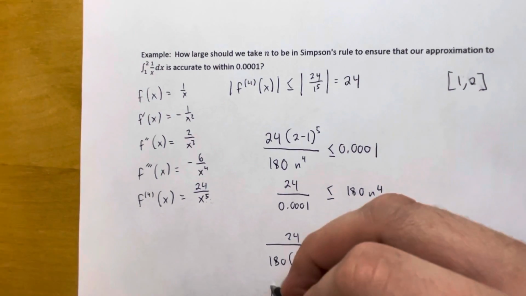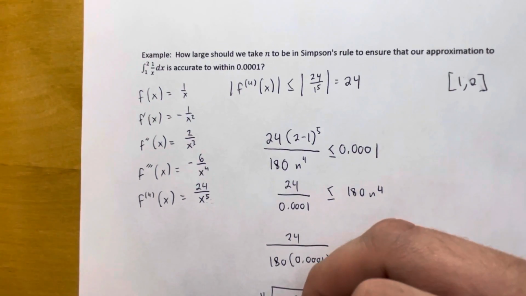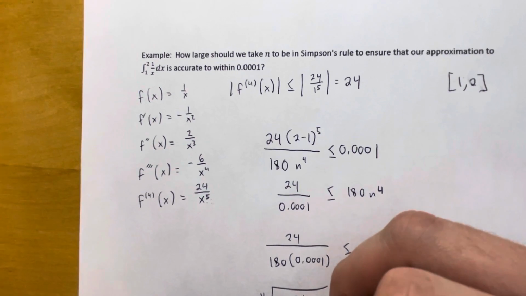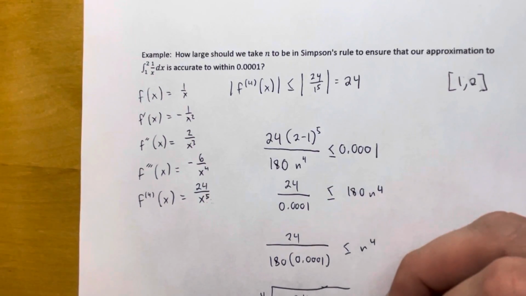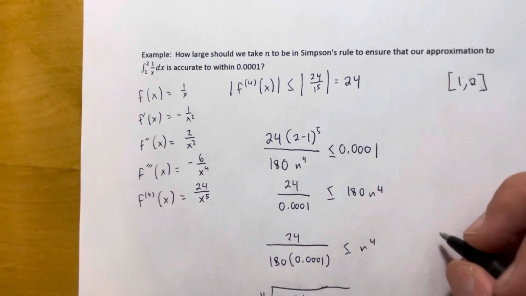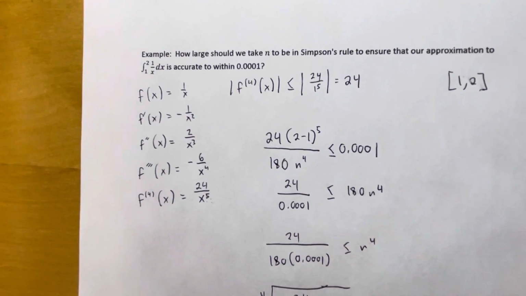Then I need to take a fourth root of both sides, less than or equal to n. This is where you plug things into a calculator. This time, if I plug this in, I'm going to get n is greater than or equal to approximately 6.04.